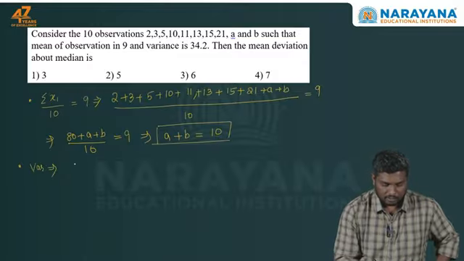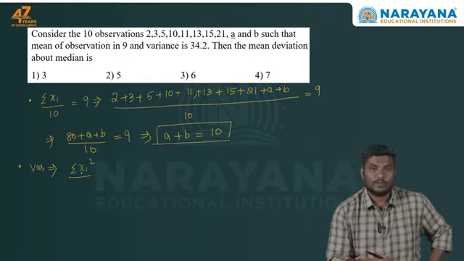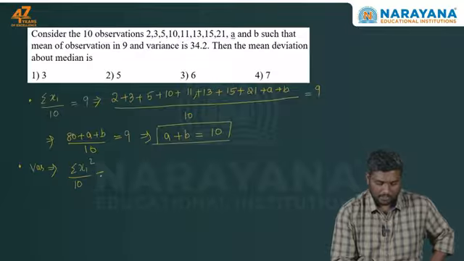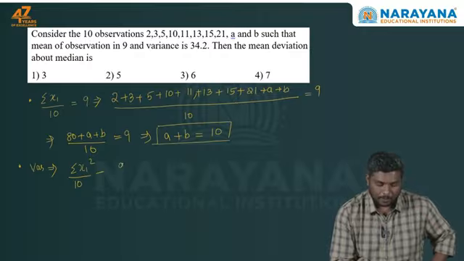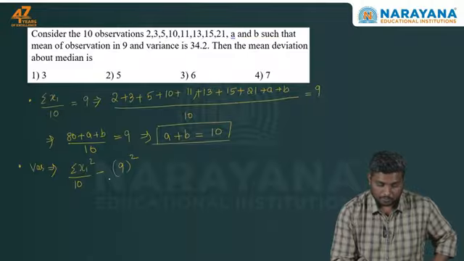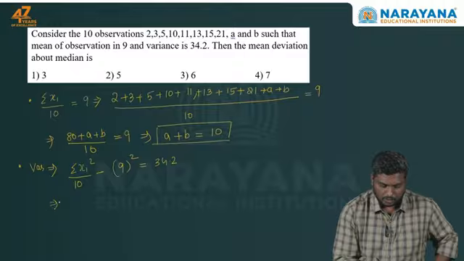Now what is the formula for variance? Variance will be equal to sigma xi square, the sum of squares of the observations, divided by n, minus mean whole square, which is 34.2. From this I can find out sigma xi square.